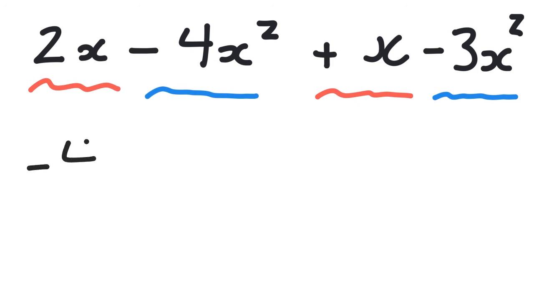And I have -4x squared. Again, because that negative is in front of that 4x squared, when I move it to the front, that negative is going to follow. I'm going to move -3x squared to the front, and then I have my x's in the back.